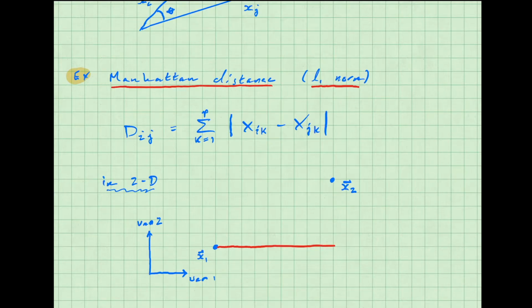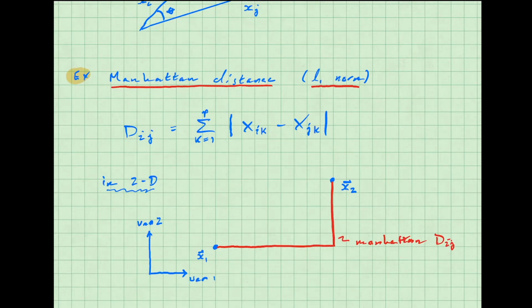Right, that's the distance between them along the variate 1 axis. And the absolute value of the distance between them along the other axis looks like that. And so that complete red line is called the Manhattan distance. And you add up those two different lengths.